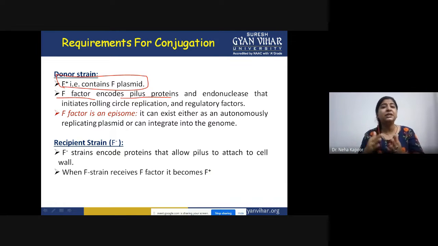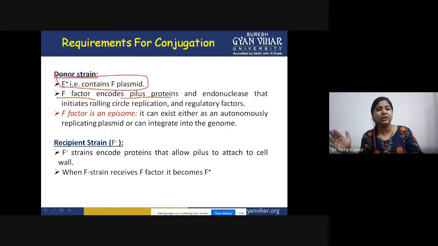However, we also call this F factor an episome. Episome means this F factor has the capability to exist as an autonomously replicating plasmid. That means it can be present independently inside the recipient bacteria. It does not require host machinery, so it will keep on replicating independently.